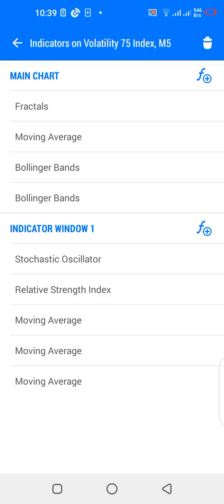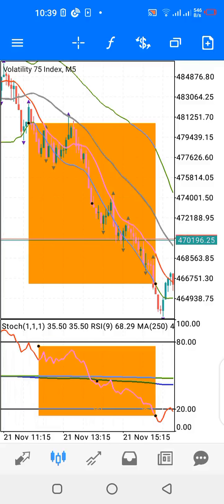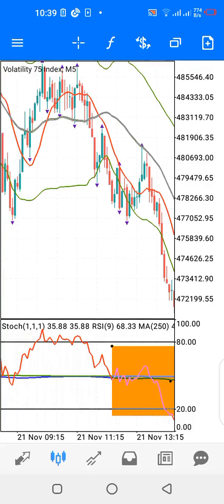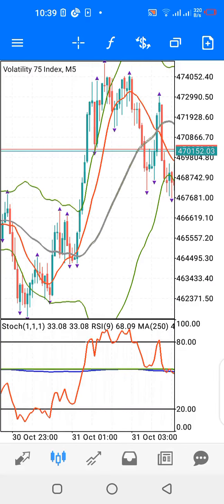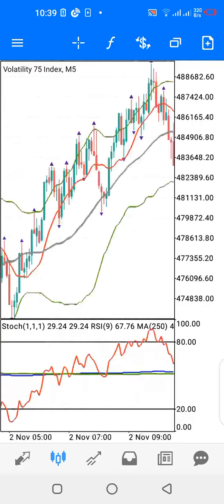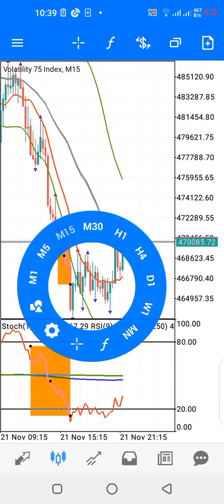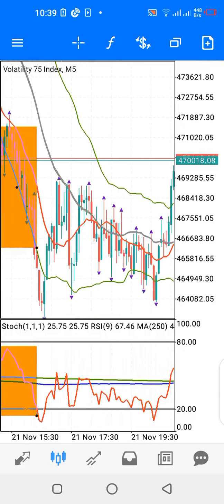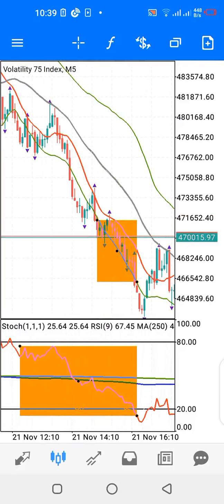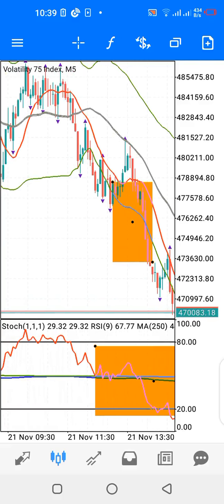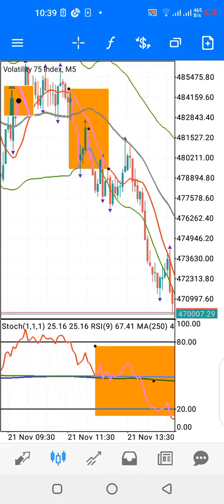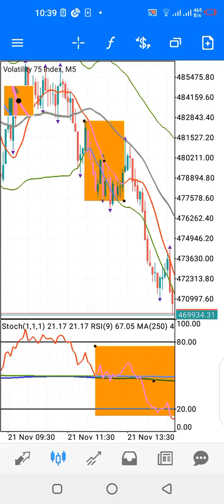All right, let's look at the main chart. Now when the red line, which is our 13 period moving average, crosses down the mid band, where we have the gray Bollinger Band, you start to sell at this point.